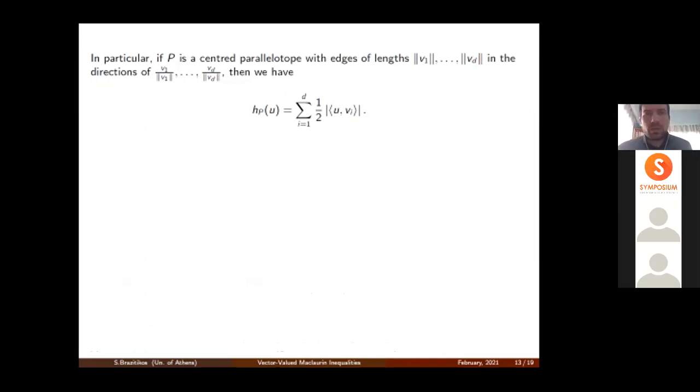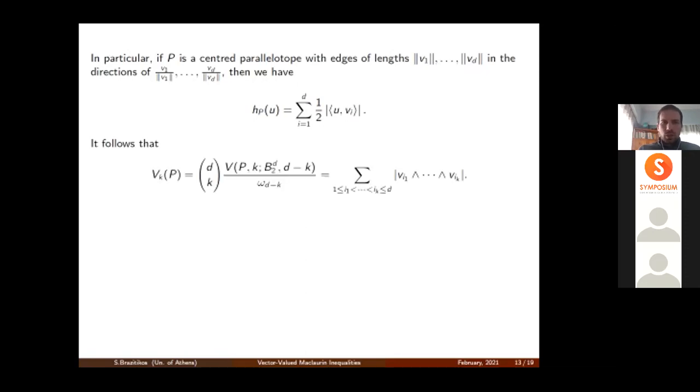We consider a parallelotope with edges V1 up to Vd, in the directions of the unit normals V1 over the norm of V1 up to Vd over the norm of Vd. And this is exactly the sum of the segments that the Vi's generate. So using the previous formula, doing some computations, I'm not writing them here.